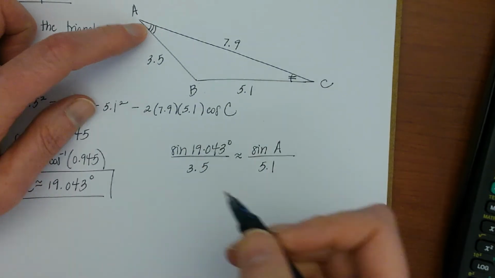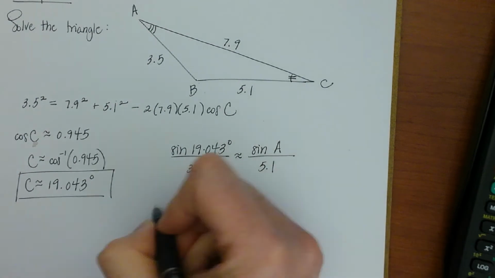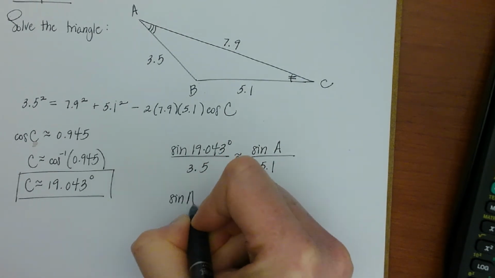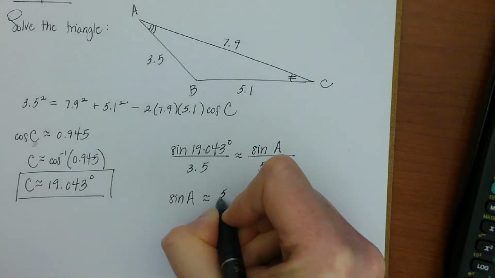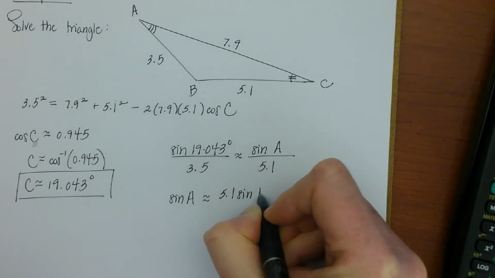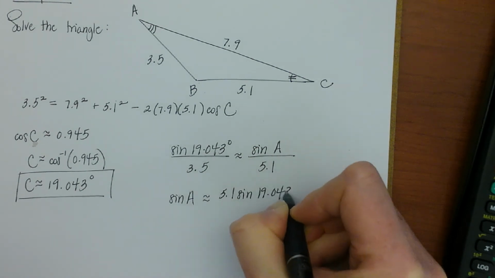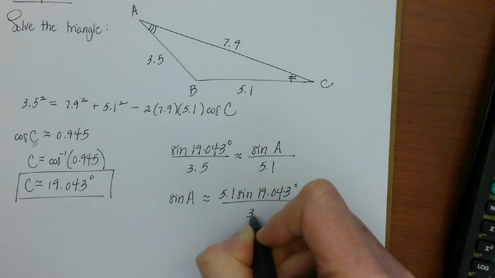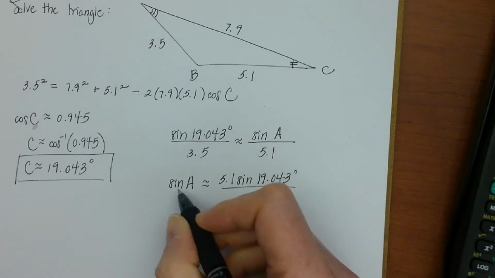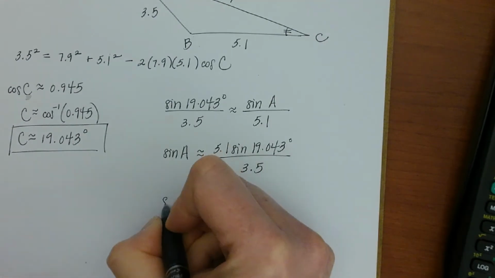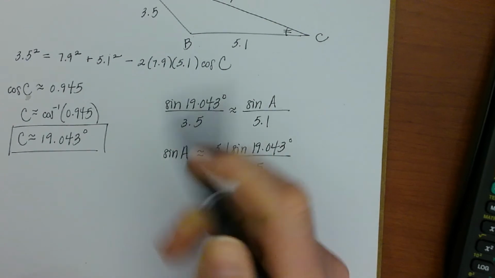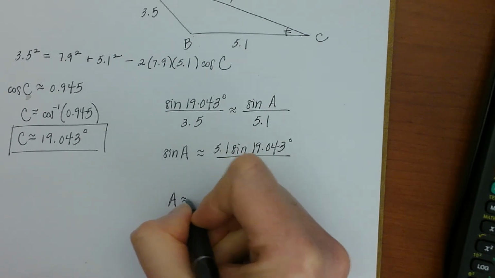Okay, now I'm just going to solve for angle A. So with some cross products, I'd get sine of A would be approximately 5.1 times sine of 19.043 degrees, all over 3.5. And then I'm going to take arcsine of both sides to get A by itself.